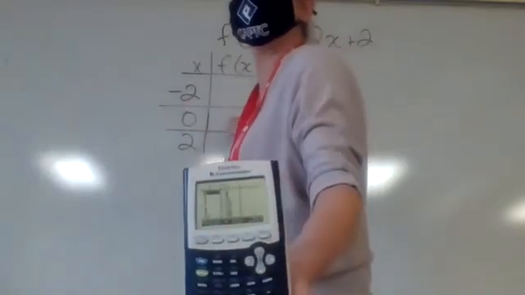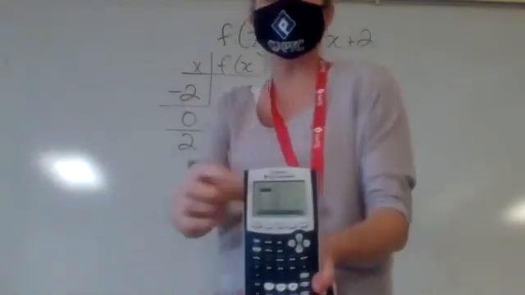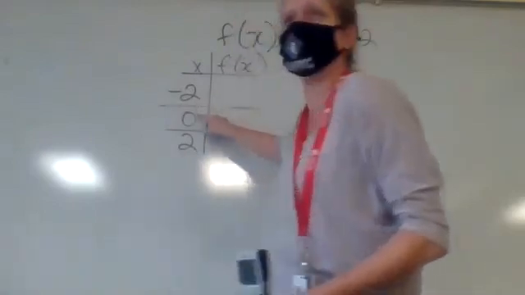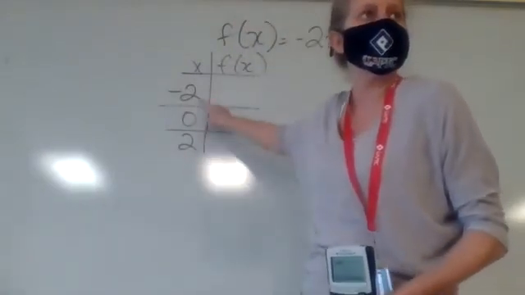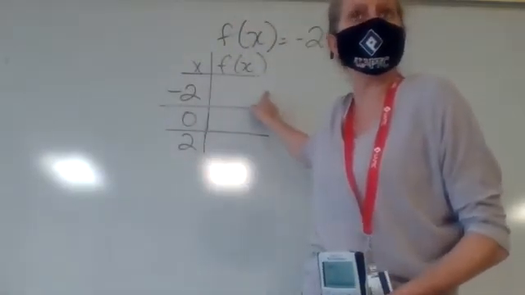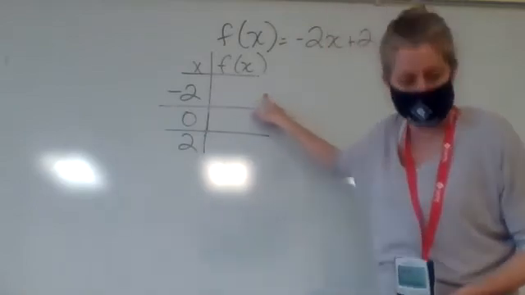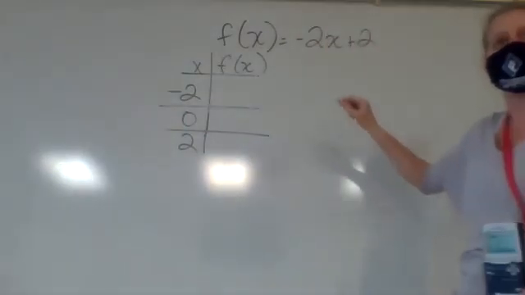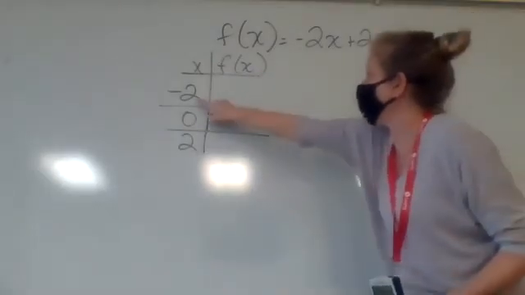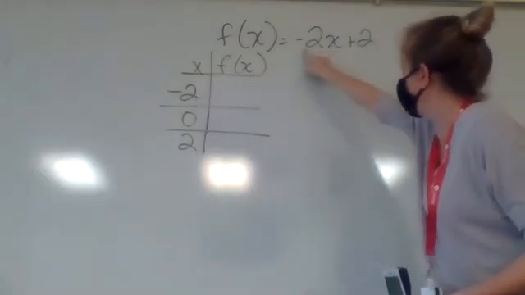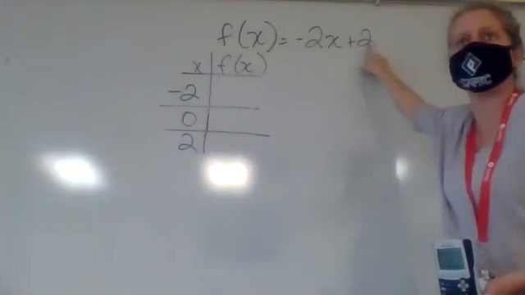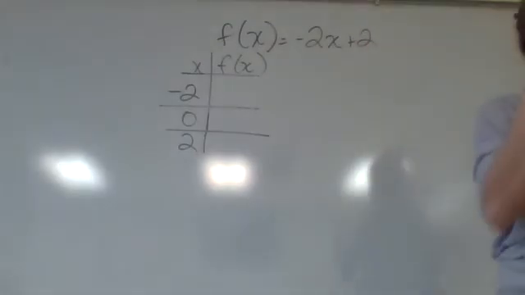To fill in these missing things, I just need to find these numbers in my x column and then put the y that goes with it. Because what have I told my calculator to do? I've told it that any number it puts in for x, multiply it times -2 and then add 2 to it. That's what you told the Y equals to do.